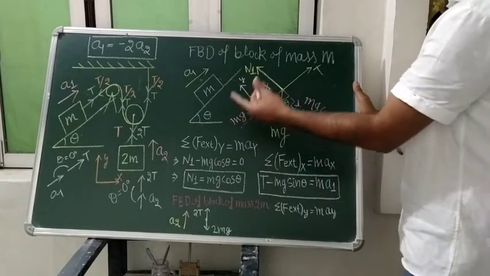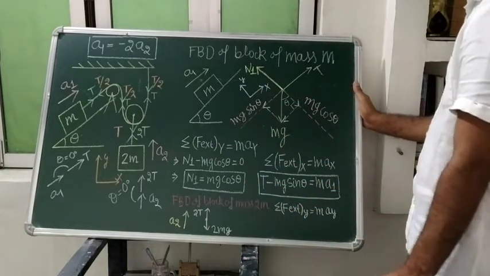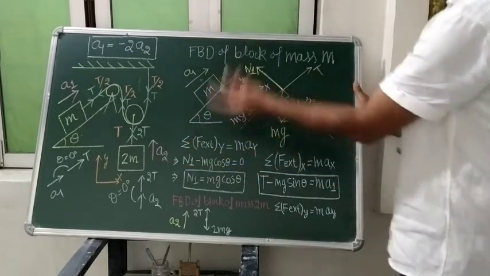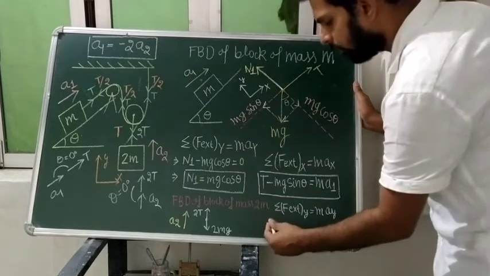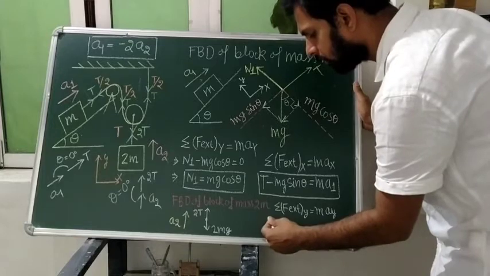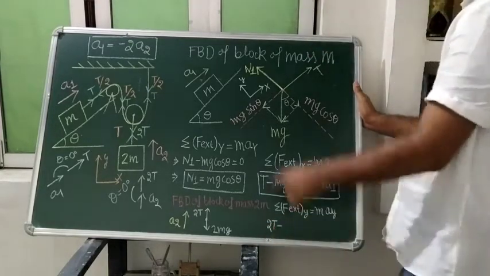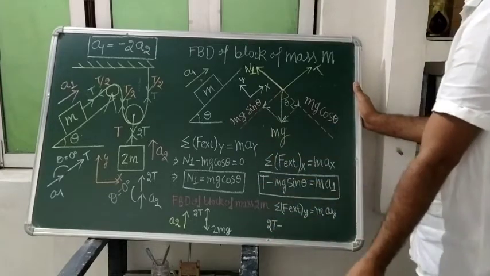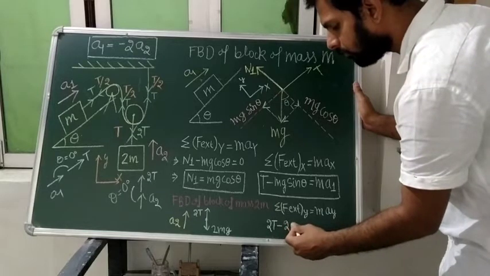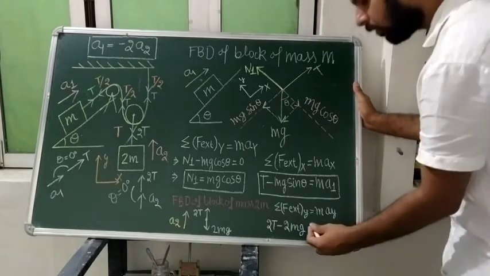Twice of T and 2 mg. We have assumed upside as positive, so it will become twice of T minus 2 mg.